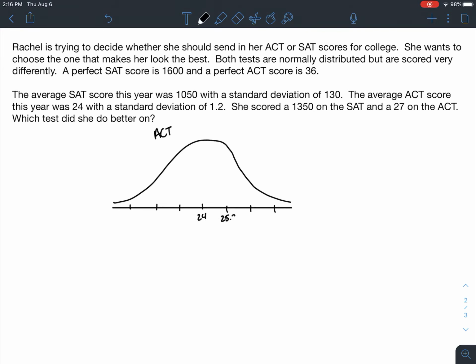So this is 25.2, 26.4, 27.6. And then if we go down the other way, we get 22.8, 21.6, and 20.4. So that's her ACT curve.